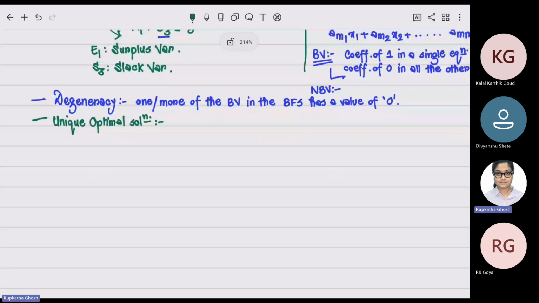So graphically, if you have to recognize a unique optimal solution, how do you do it? It basically means that your objective function will touch only one of the extreme points of the feasible region.